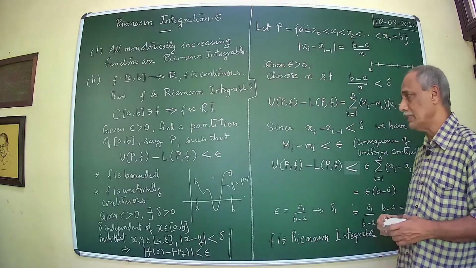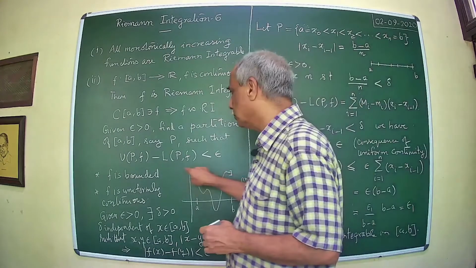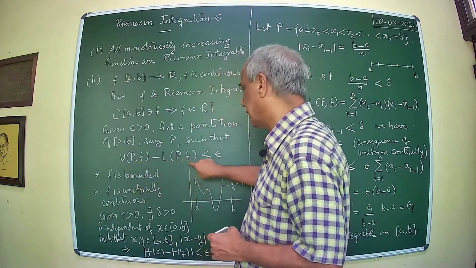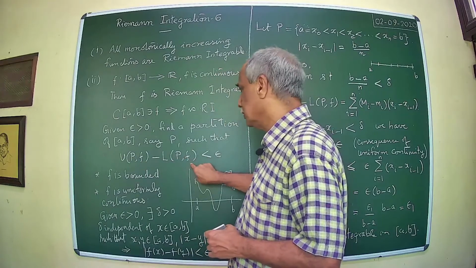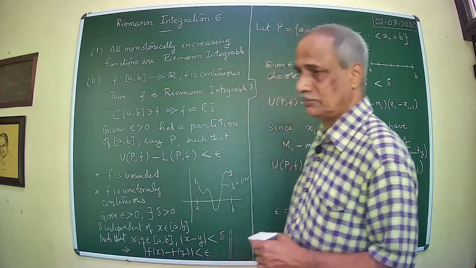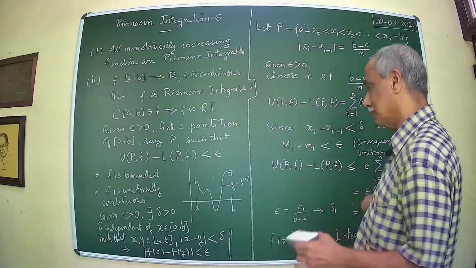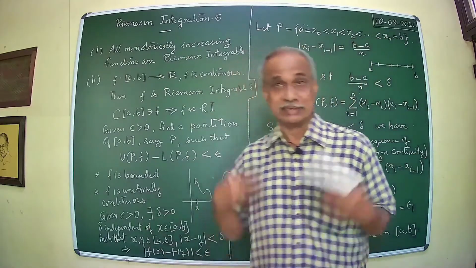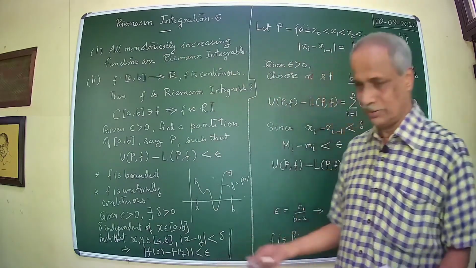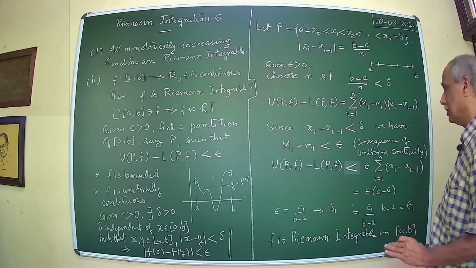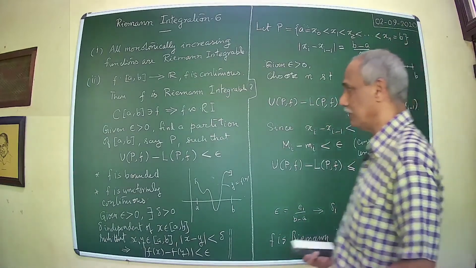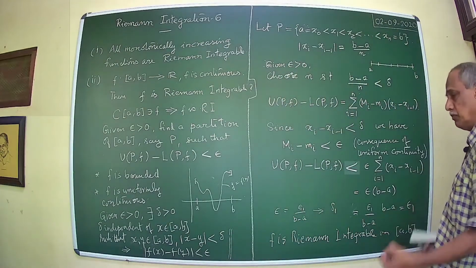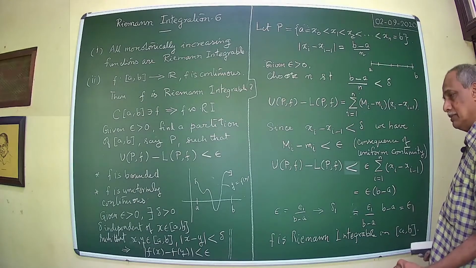One thing you should observe is that we have made use of the characterization of Riemann integrability in terms of U and L, because it is easy to compute this rather than going to the limits, the infimum and supremum, and then checking whether they are equal or not. That has been reduced to this one. So it's a very handy rule that you can apply. What I want to assert is that now we have plenty of functions which are Riemann integrable.